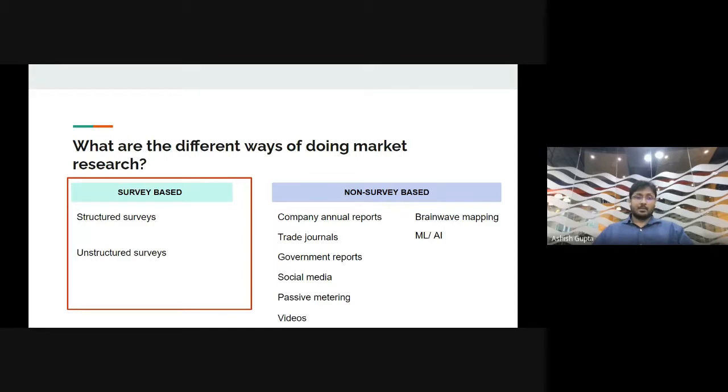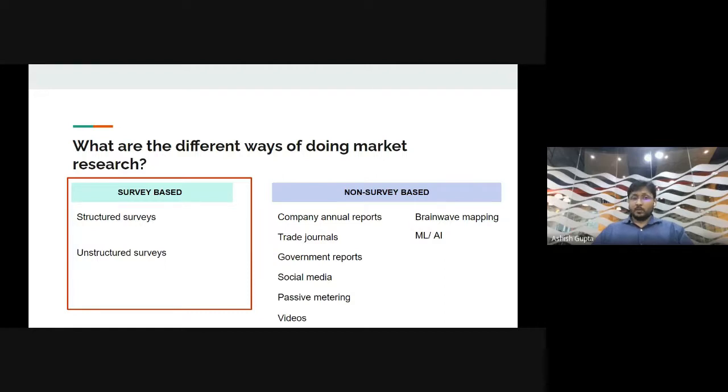Passive metering is something which is, for example, if I were to ask you what all did you browse on your phone yesterday, recollection becomes really difficult for consumers, specifically when there are things which happen very frequently, right? So passive metering is a means of collecting information without consumers knowing that you're collecting information.